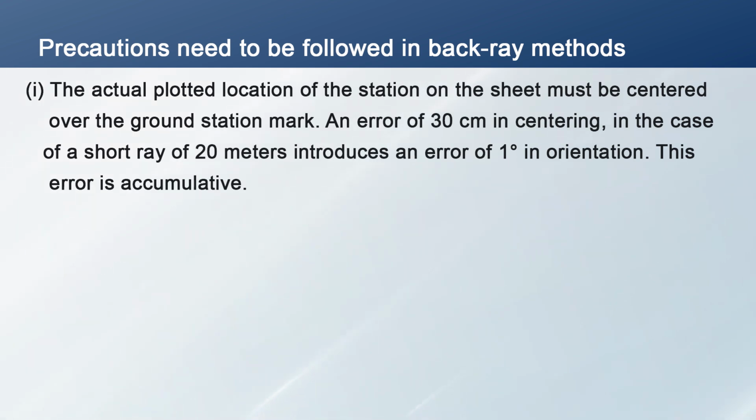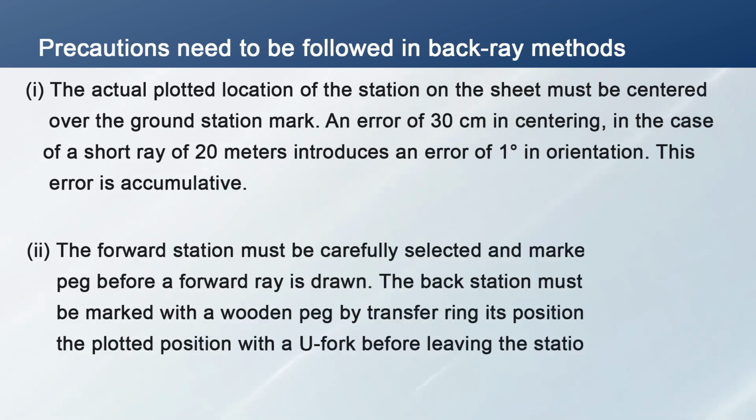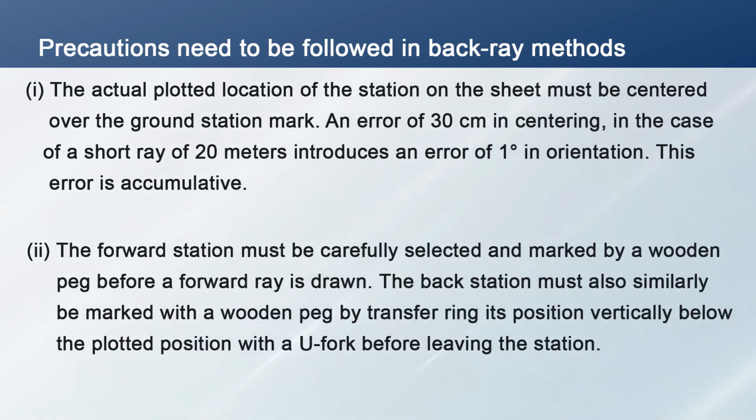This error is accumulative. The forward station must be carefully selected and marked by a wooden peg before a forward ray is drawn. The back station must also be similarly marked with a wooden peg by transferring its position vertically below the plotted position with a U fork before leaving the station.